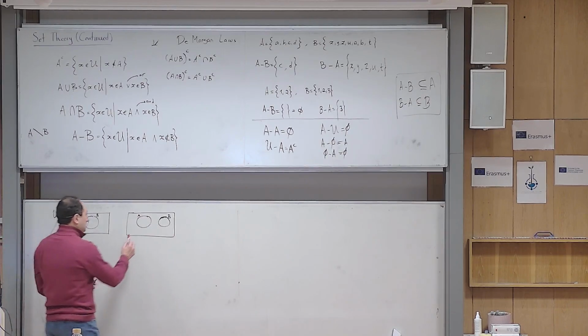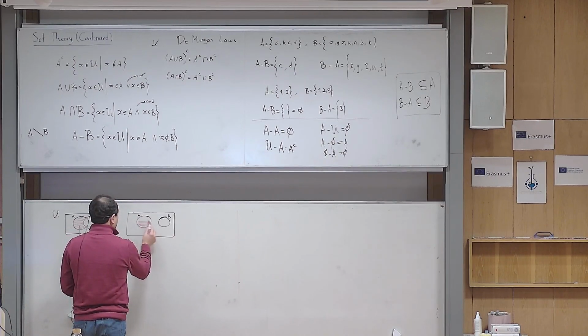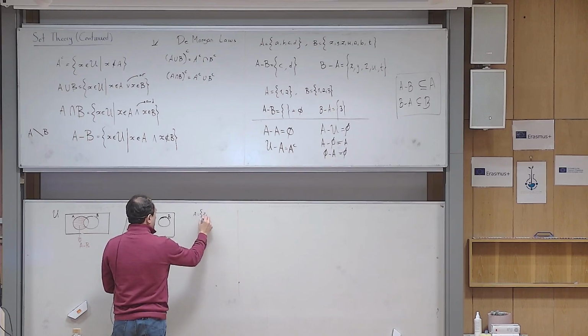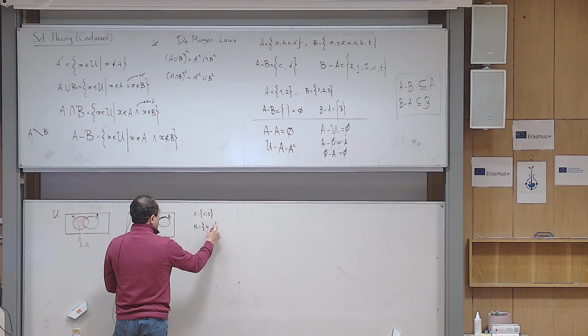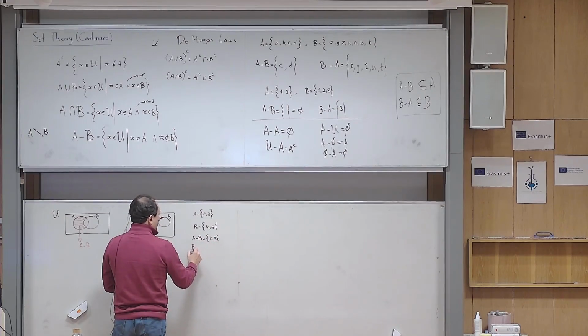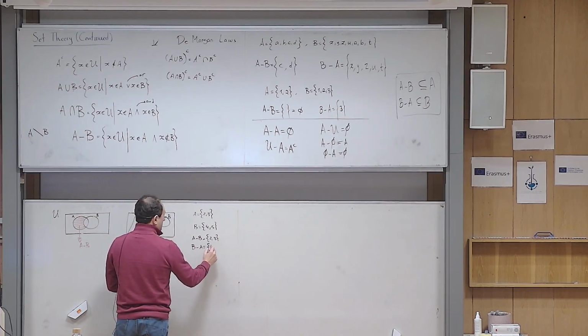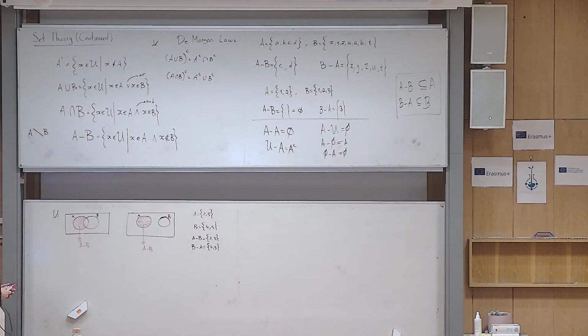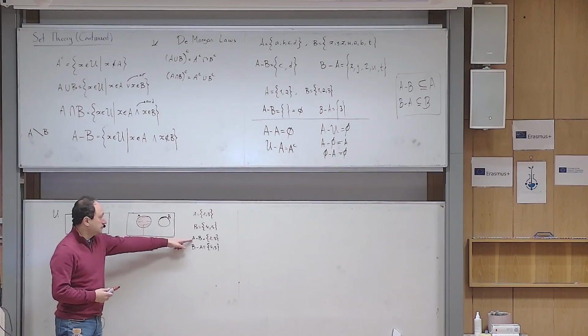The entire A. Yes? So this is an example. For example, if A is 2 and 3, B is 4 and 5. If I ask you what is A minus B, it is A itself. If I ask you what is B minus A, it is B itself. Okay?